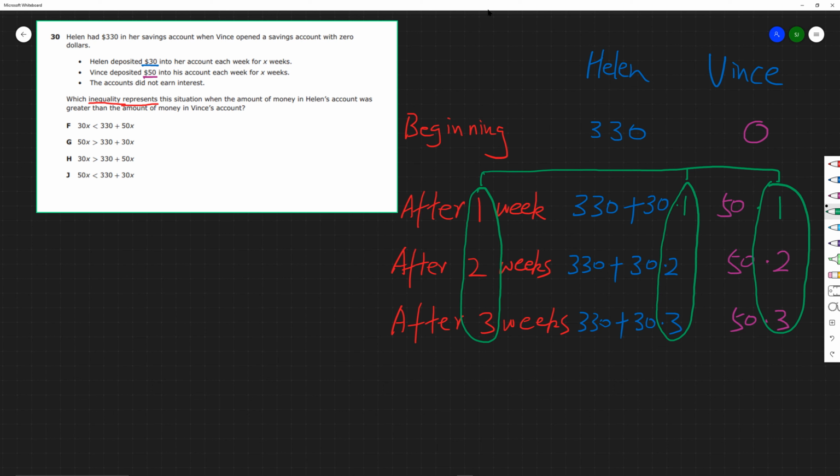The number of weeks, in this question, is X weeks. So we can use X to represent this number of weeks.